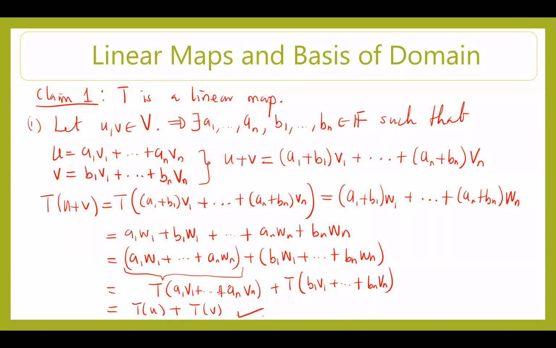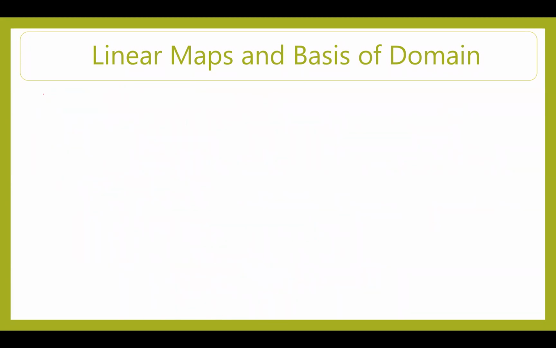You can combine this property as well, but just to not mess things up because of different constants, that's why I'm doing it separately. So for property 2, we take U again from V, and we take the constant lambda from F. Now we want to check if T of lambda U is lambda T of U. U is coming from V, so there is still some constant.